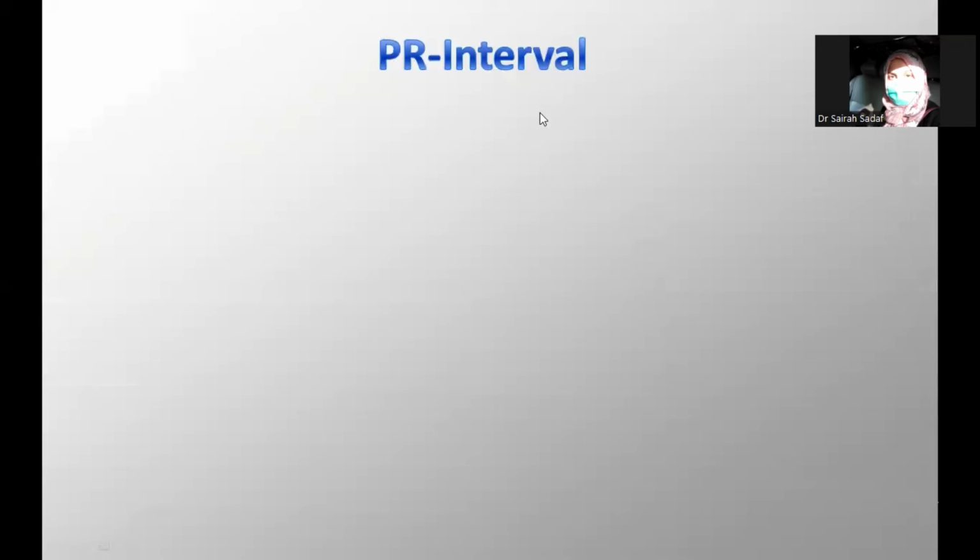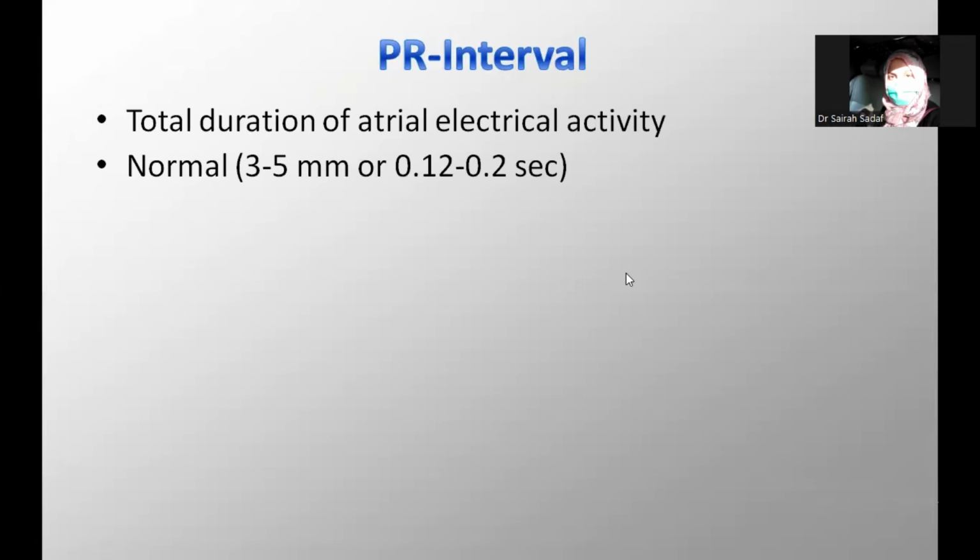Understood? What's this slide? This is the PR interval. Now, what does the PR interval actually represent? As I have already mentioned, the PR interval represents the total duration of atrial electrical activity.